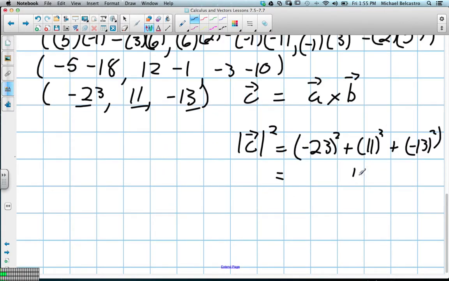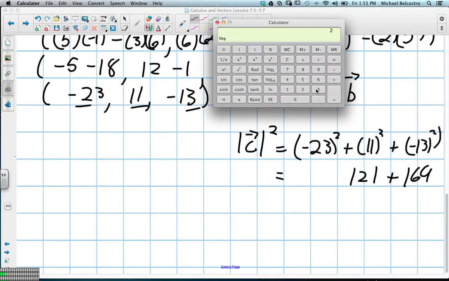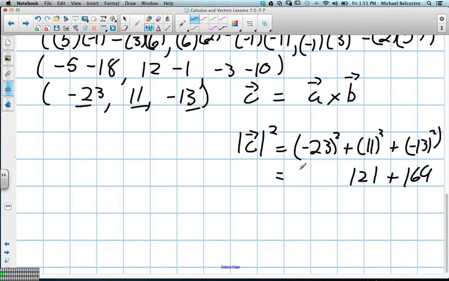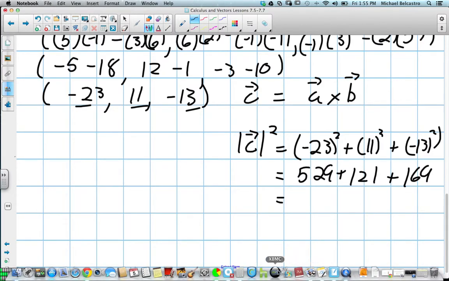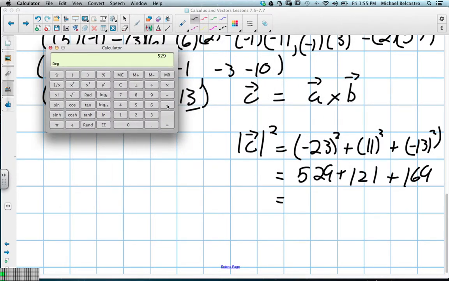This will give us 121 and 169, I believe. 23 squared is 529. And we're going to add these values together, and then we'll have to find the root of them in order to find the magnitude of C. So 529 plus 121 plus 169 is 819, square rooted.